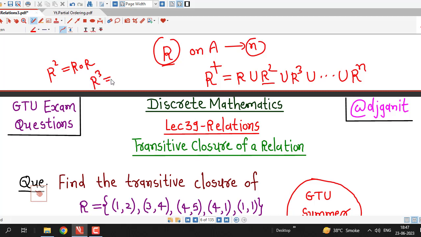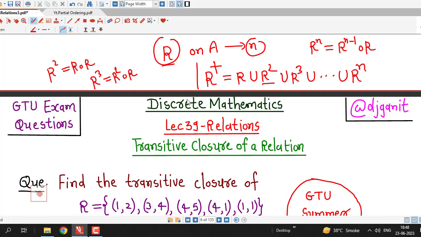Similarly, R3 is defined as the composition of R2 with R, and in general, for the nth power of R, we consider the composition of the (n minus 1)th power with R.